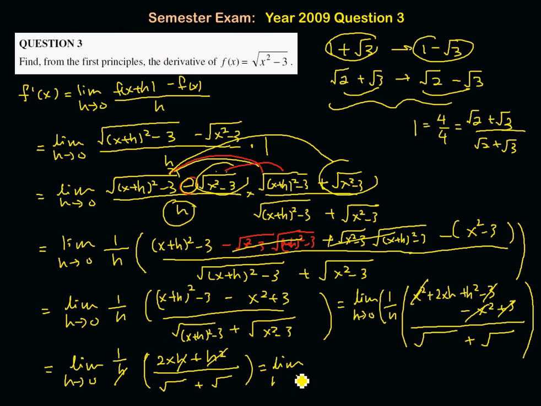Then you get 2x plus h over the denominator, and now you're ready to substitute h as 0, and the outcome would be 2x over, if you do it properly, 2 times the square root of x squared minus 3.